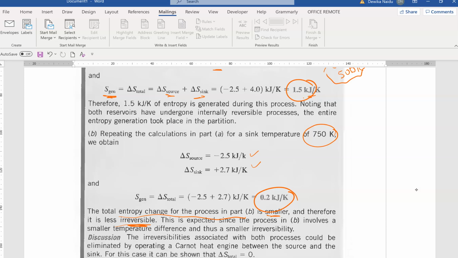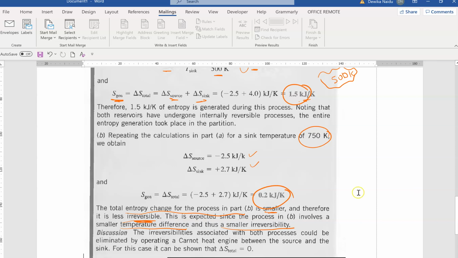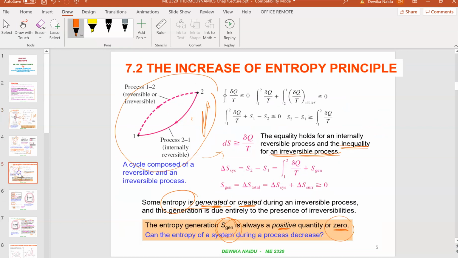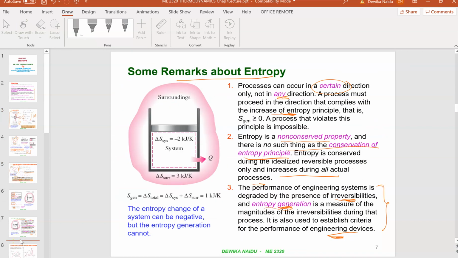This is expected since process B involves a smaller temperature difference, thus a smaller irreversibility. So this is the concluding calculation for this chapter. With this, I've ended chapters 7.1 and 7.2. That's all for this video.